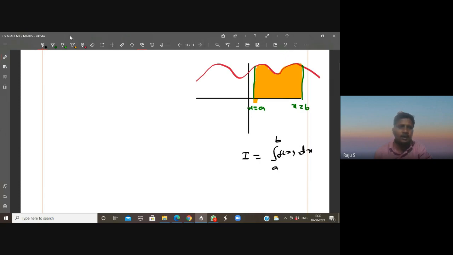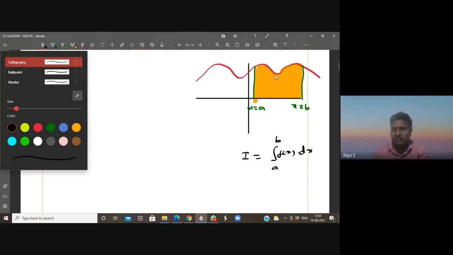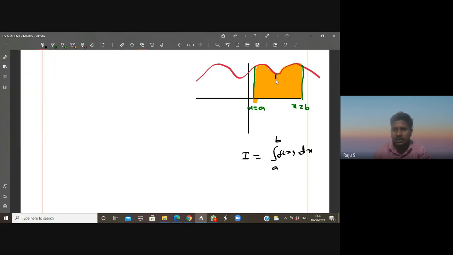To find the area, very simple students, we can take a small region like this. It will form a rectangle with some length and some breadth. What is the area of this rectangle? Length into breadth. Length and breadth we can express in terms of x, which will give f of x.